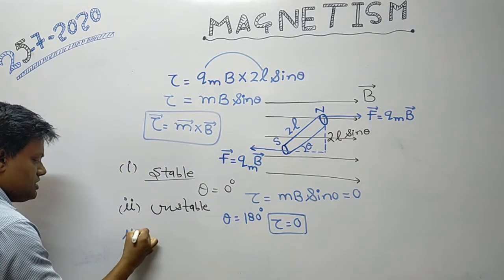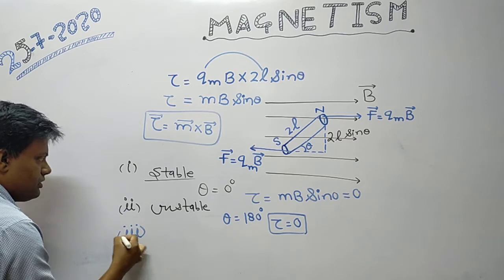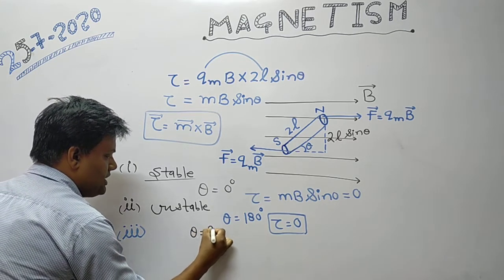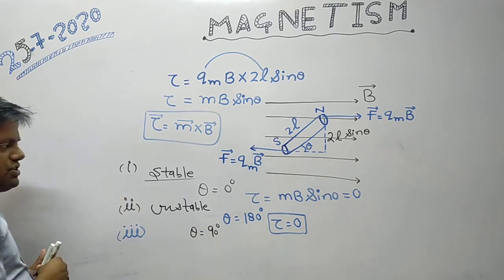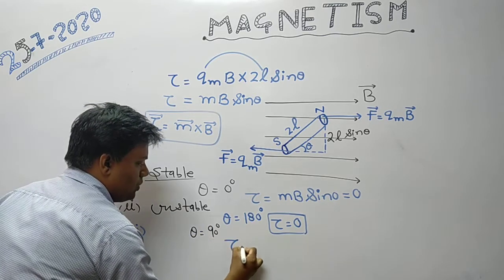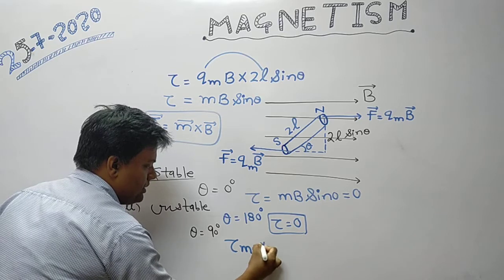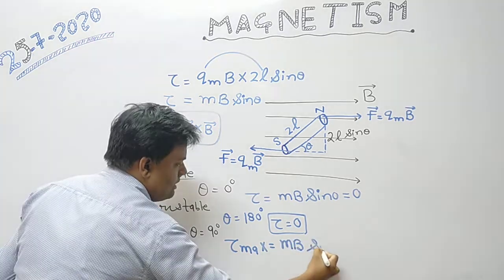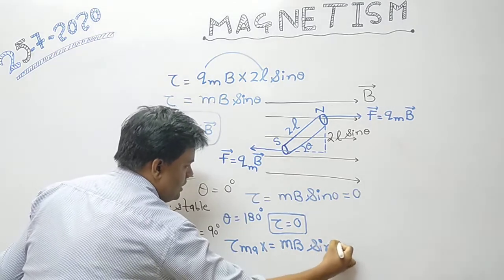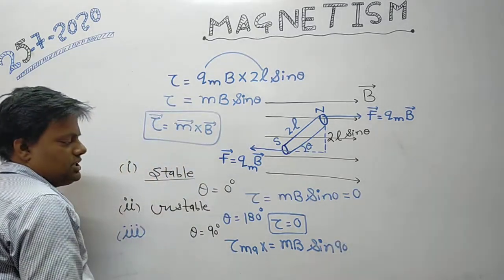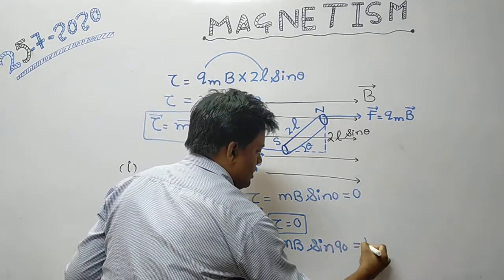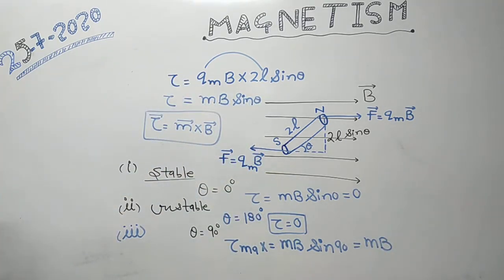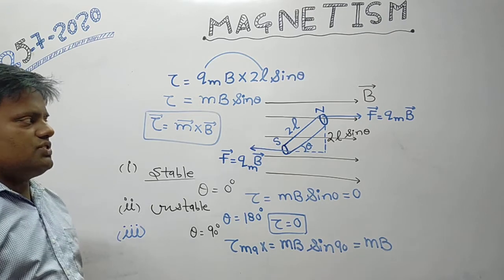Now the third situation, theta equals 90 degree. This will be the maximum torque situation, in which tau maximum can be calculated as MB sine 90, and sine 90 equals 1. The answer will be M into B. This torque will be maximum like this in this situation.